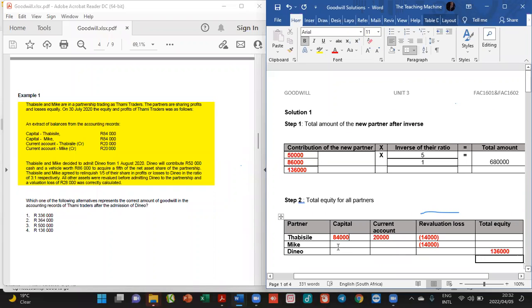And the capital for Mike is also 84,000, and the current account is also 20,000. Now let's work out the total equity: 84,000 plus 20,000 minus 14,000. How much do you get?